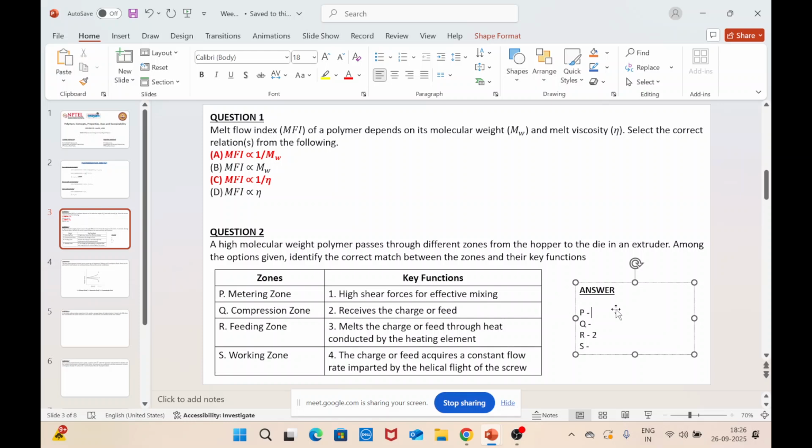Compression zone. So Q can be 3: melts the charge or feed through heat conducted by the heating element.